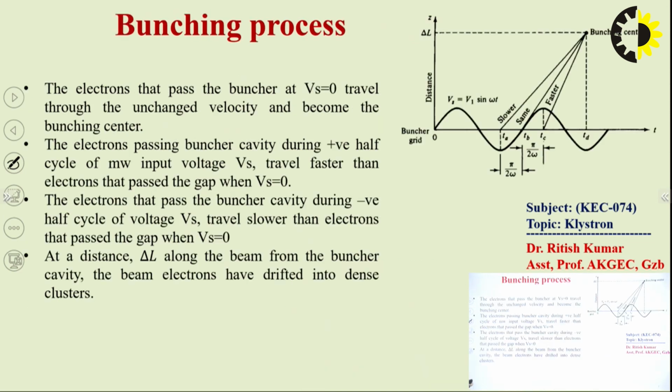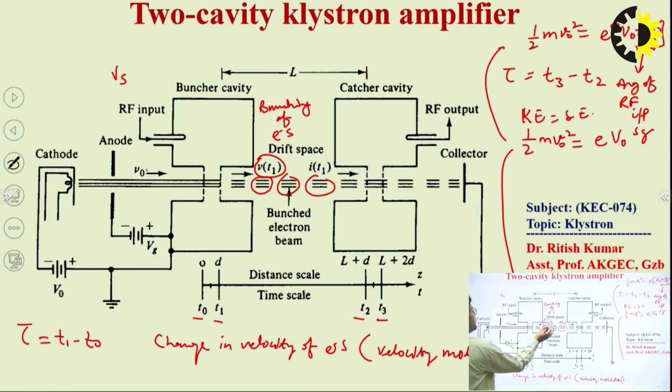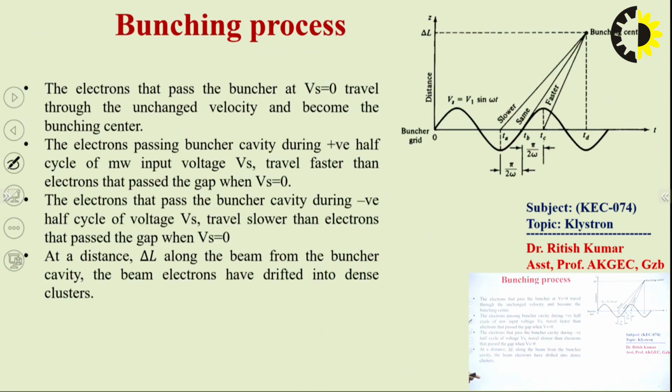Now, the bunching process. Amplification happens in the Klystron amplifier due to the bunching that happens in the drift space, or we can say the space between the buncher cavity and the catcher cavity. So in the drift space, this bunching phenomenon happens.